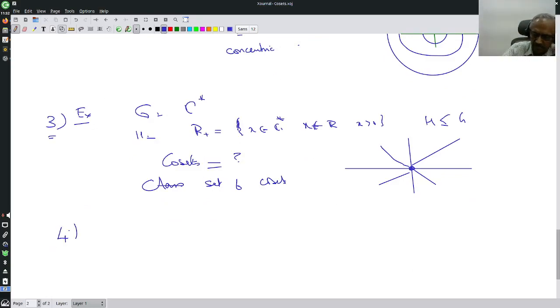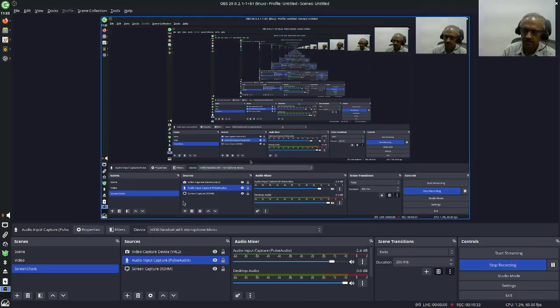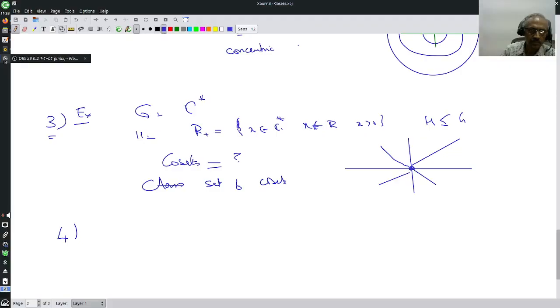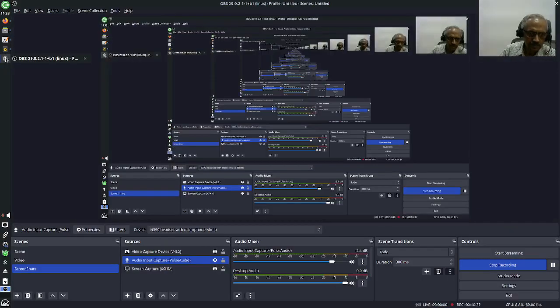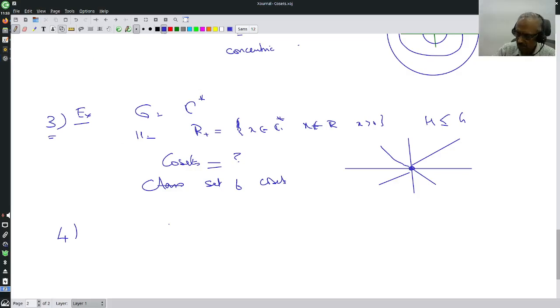The fourth example. So now let us look at the last example. My G is GL2R, the 2 by 2 invertible matrices.